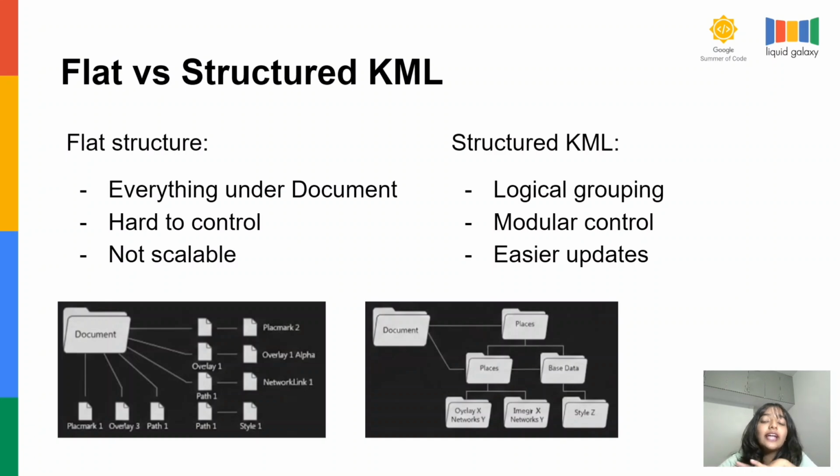You can toggle entire layers in the Google Earth sidebar. When you are updating a feature, you know exactly where to go. When you are disabling a data set, you disable one folder instead of hundreds of lines. Structured KML supports growth, flat KML resists it. That difference becomes painfully visible the second you try to add a new feature to an old project.